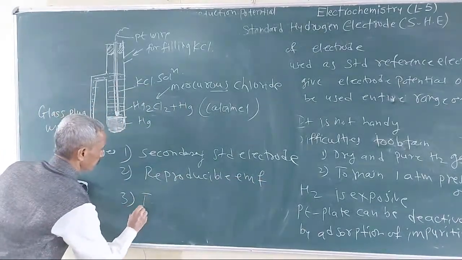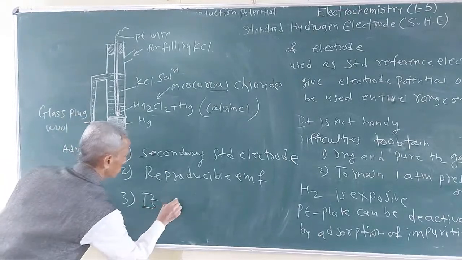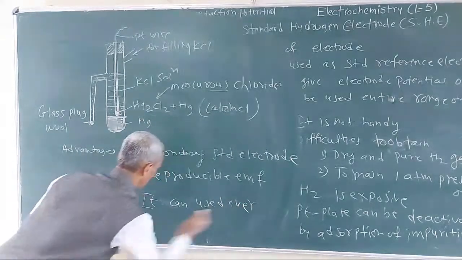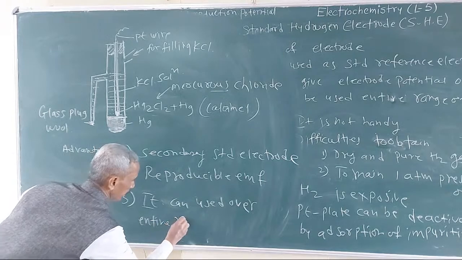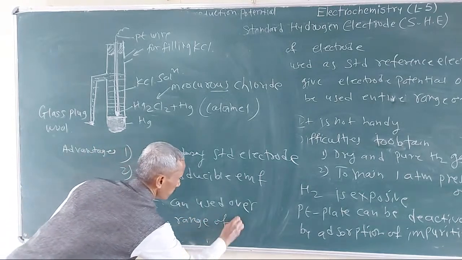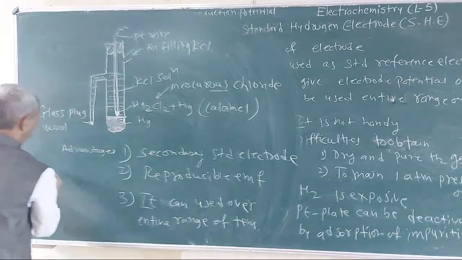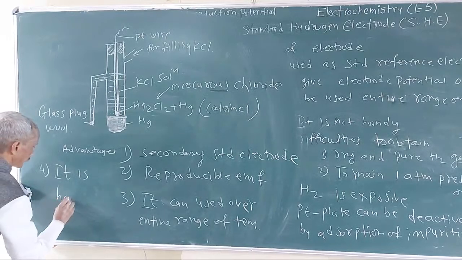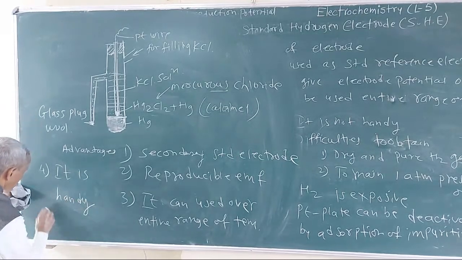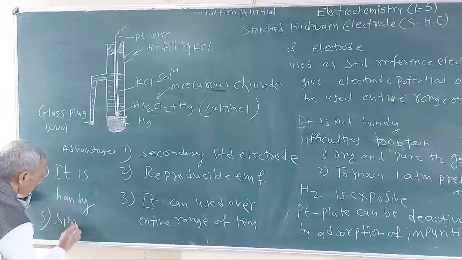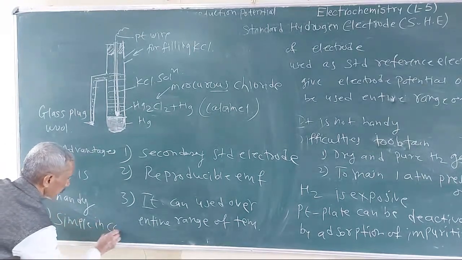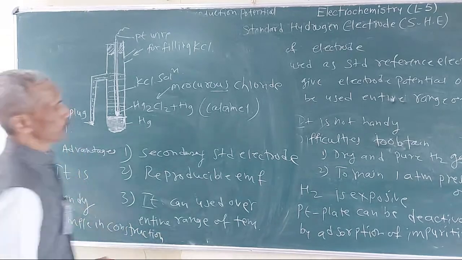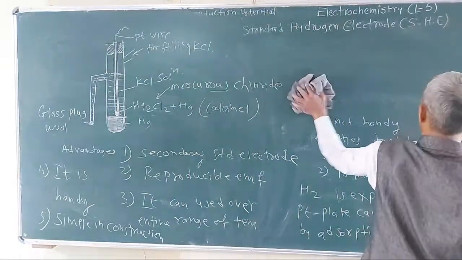Third, it can be used over the entire range of temperature. And fourth, it is handy. Also, it is simple in construction, or it can be prepared easily. Now, only one drawback is there.